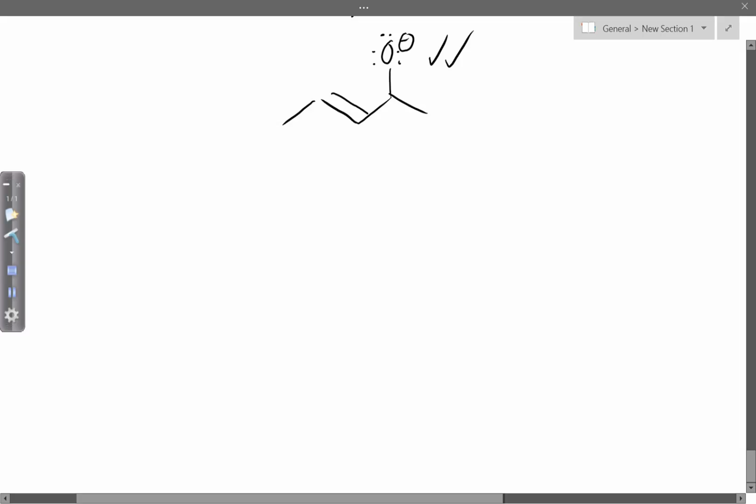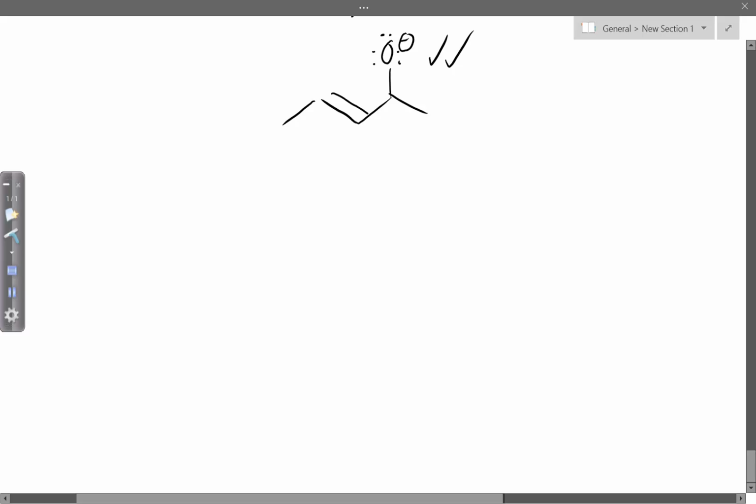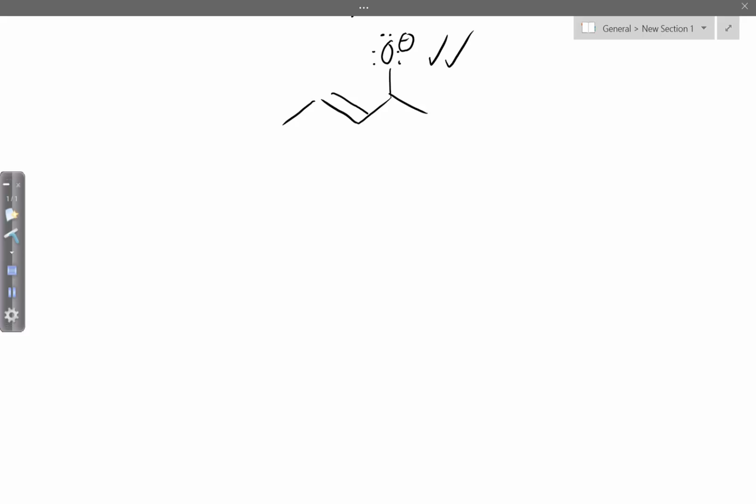This is correct? I think so. Yeah, it's correct. Right, then this one? It's the same as this, isn't it? Oh yes, hydrogen. So you're actually exceeding the octet rule.